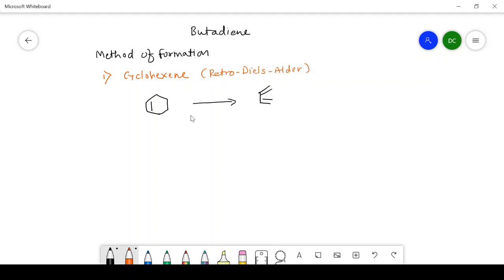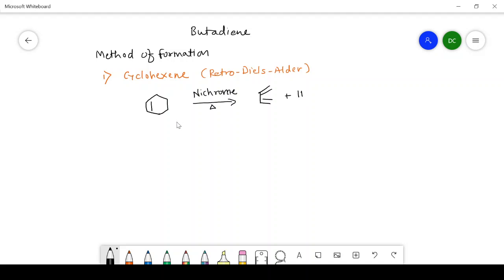So in this reaction, what happens is that when cyclohexene is passed over nichrome, the cyclohexene gets broken down into butadiene and alkene.